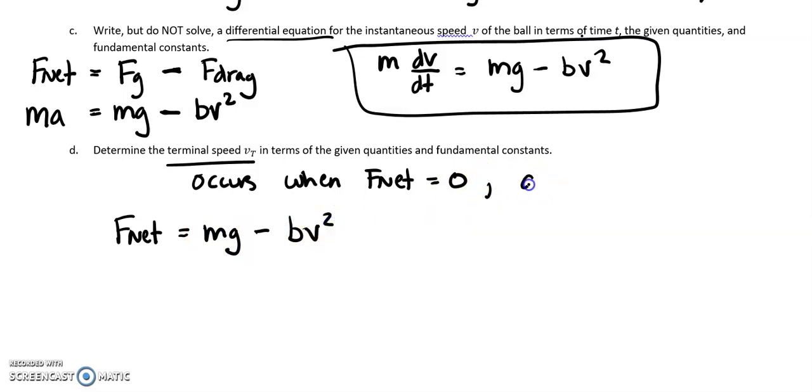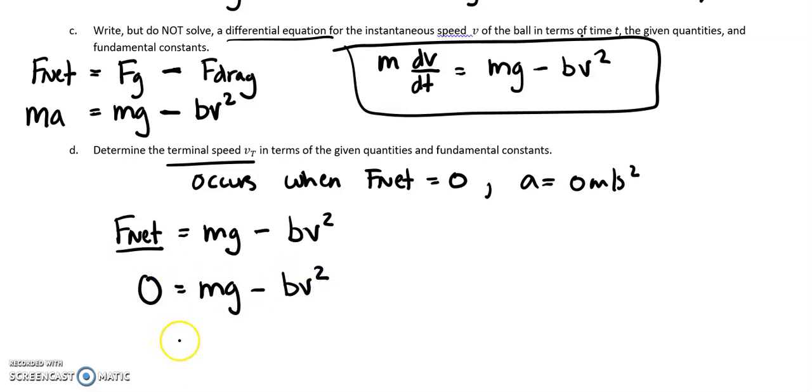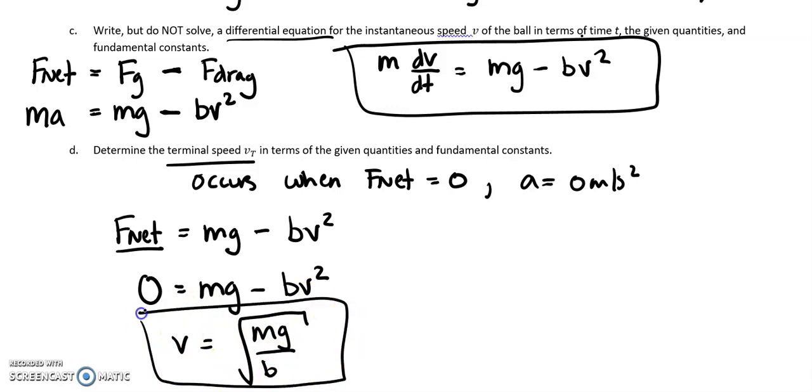And I should say when F net equals 0, acceleration is 0 meters per second squared. Great. So we can just plug in here for F net. We know that's just 0. So then we have mg minus bv squared. Cool. So now we just get to solve for v. So do some fun old math. Oh, I love math. mg over b, and then take the square root, and we got it.